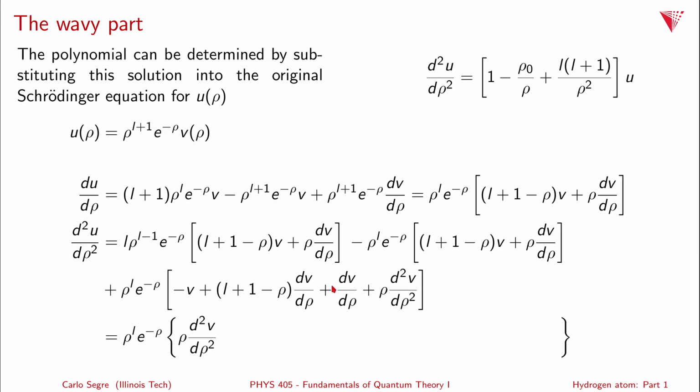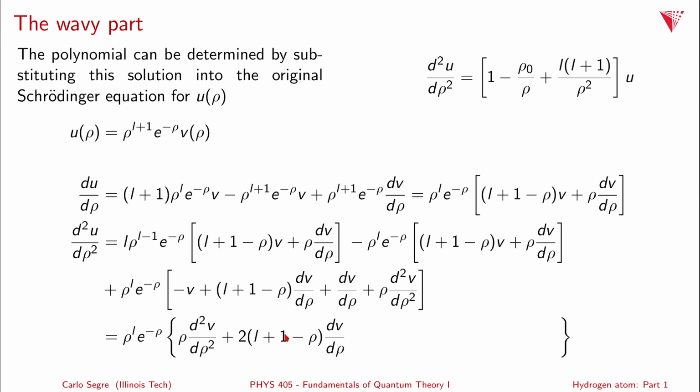And then the first term is this one, rho times d squared v d rho squared. That's very clear. Then we're going to gather the terms with dv d rho. Well, I have a term here plus rho, and I have to divide by rho, so this is going to be dv d rho with a plus sign. This term here is minus rho times dv d rho. And this term here has a minus rho dv d rho and a plus dv d rho.